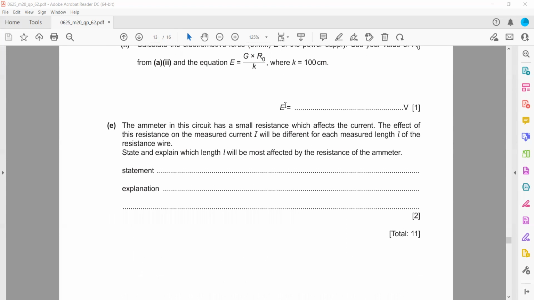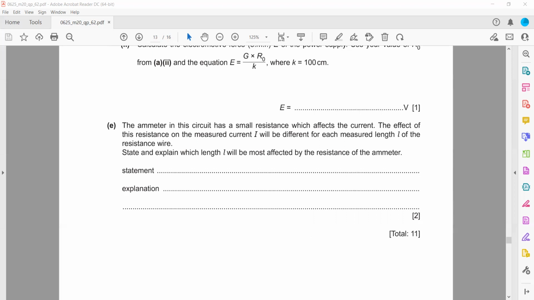Then the ammeter in the circuit has a smaller resistance which affects the current. The effect of this resistance on the measurement of current I will be different for each measured length L of resistance wire. State and explain which length will be the most affected by the resistance of the ammeter.